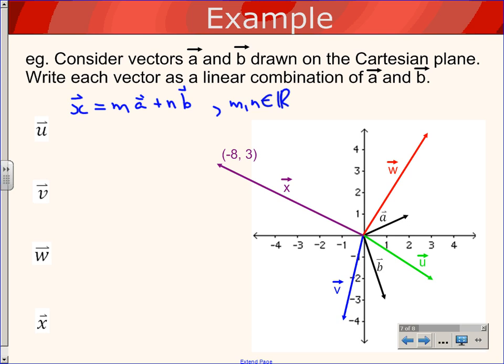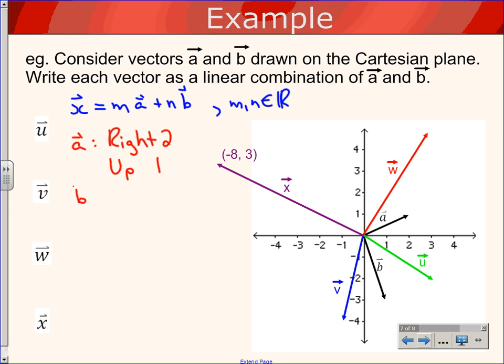To do that, we need to consider what vector a is actually doing. Vector a is giving us 2 movements in a sense. It's going to go right 2, and it's also going to go up 1. That's what vector a can do.